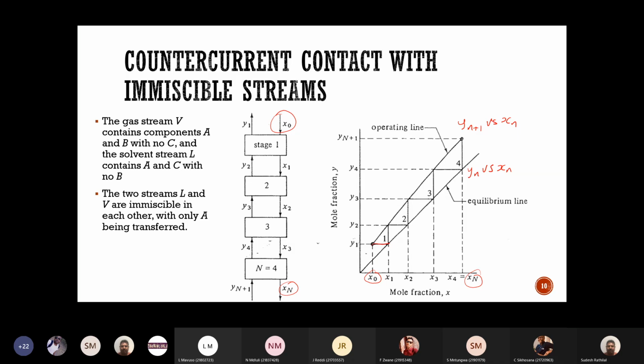We go across between the operating line and the equilibrium line: stage 1, stage 2, stage 3, and stage 4. That will give me xn. It also tells me what the composition should be coming in, yn plus 1.